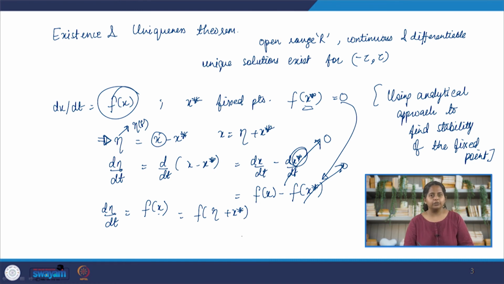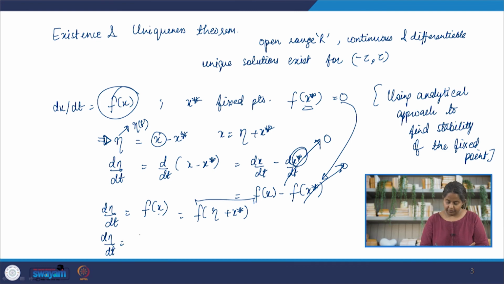Now you can use Taylor's theorem to expand this, and it will look like so. What we'll end up with is plus higher order terms.